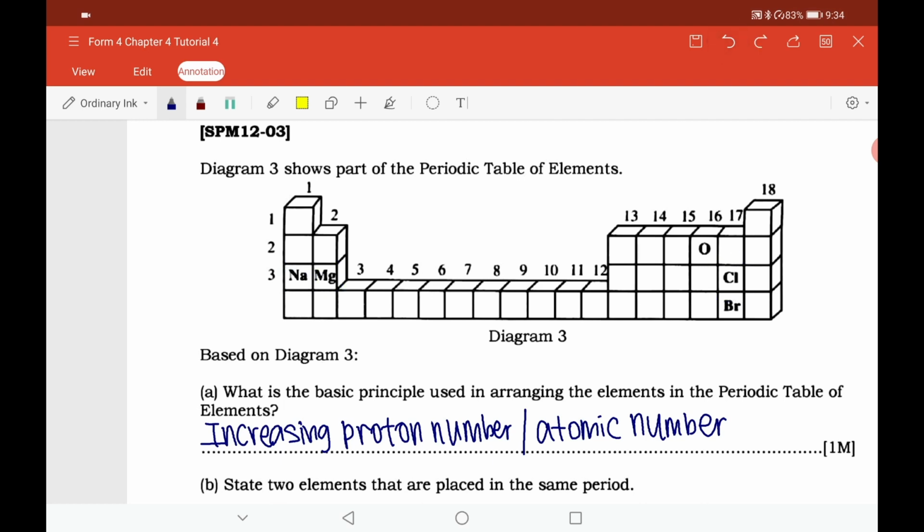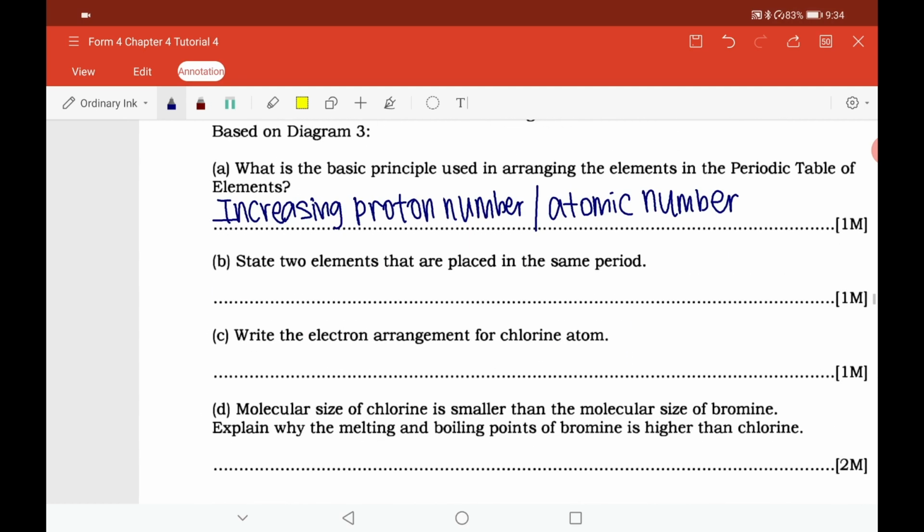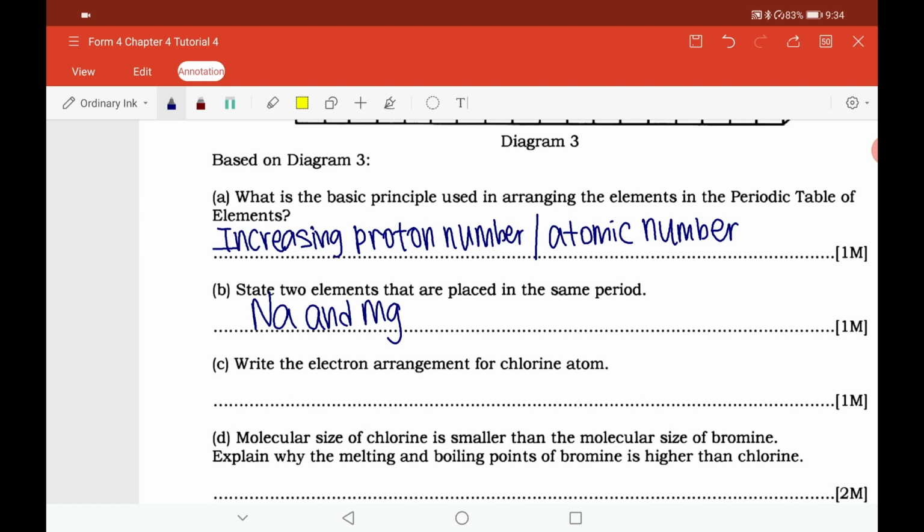As long as you choose two of these three, because they are all in period number 3. This is period 1, this is period 2, this is period 3. So any two between Na, Mg and Cl. Let's say I choose Na and Mg.